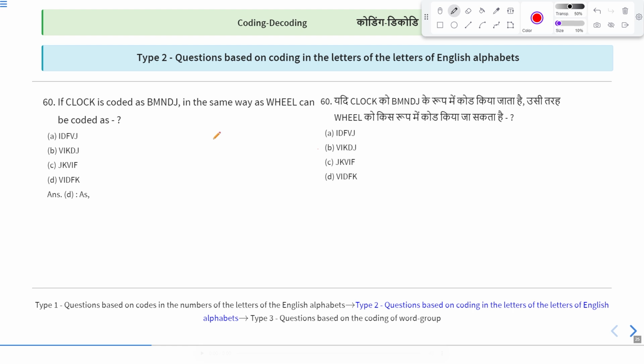Now clock can be written as PMTJ. Resolution number 60. Now this BMTJ is nothing but C minus 1, L plus 1, O minus 1, C plus 1, K minus 1.